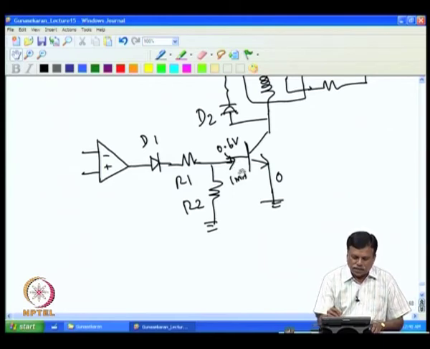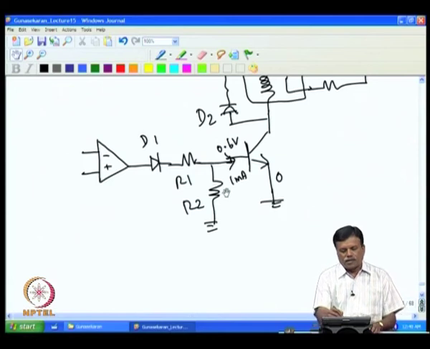That kind of off time is fine, because the capacitor of 100 pF and then 10K, 100 pF is 10 power minus 10, 10K is 10 power 4.